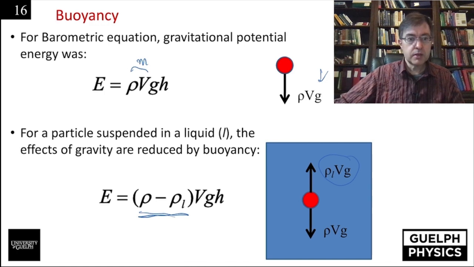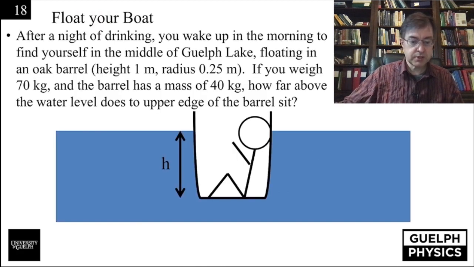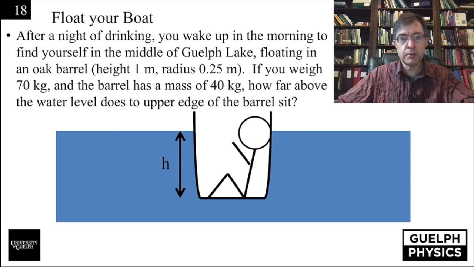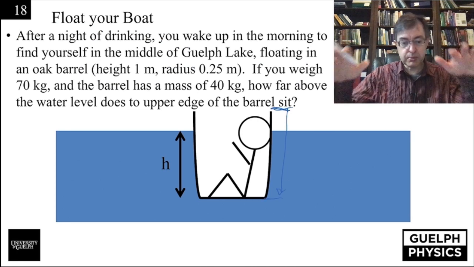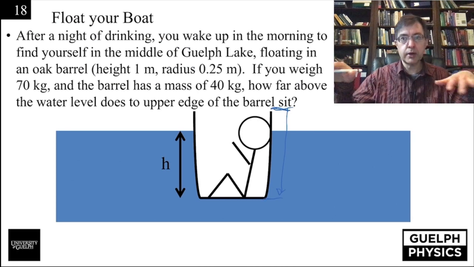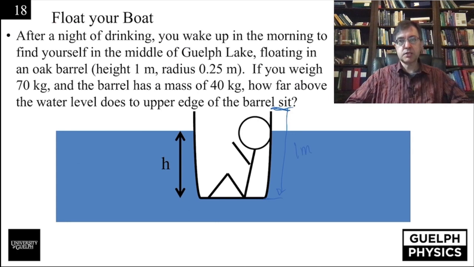All right. So we can use this idea of buoyancy in a couple of problems. So after a night of drinking, you wake up in the morning to find yourself in the middle of Guelph Lake, floating in an oak barrel. The oak barrel has a height of 1 meter, from bottom to top, and it's submerged a distance h into the water, and hopefully h is less than 1 meter, otherwise you're going to sink.